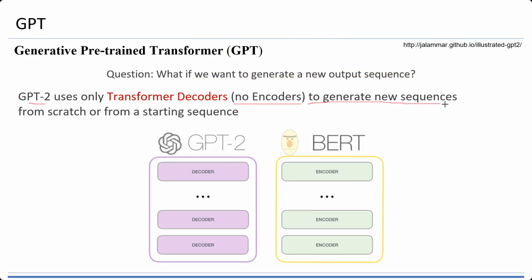It is used to generate new sequences from scratch or from a starting sequence. So if you look at GPT, it is a collection of decoder, decoder, decoder. If you look at BERT, it is a collection of encoder, encoder, encoder.